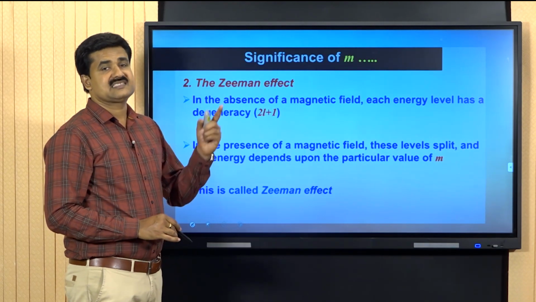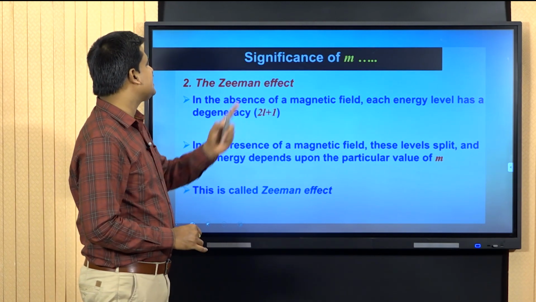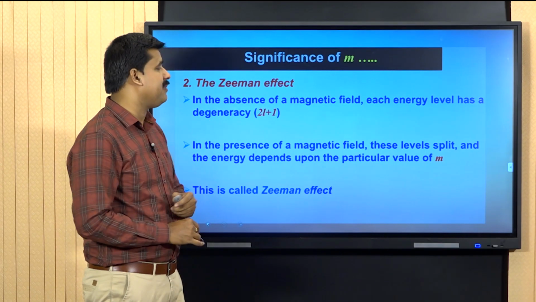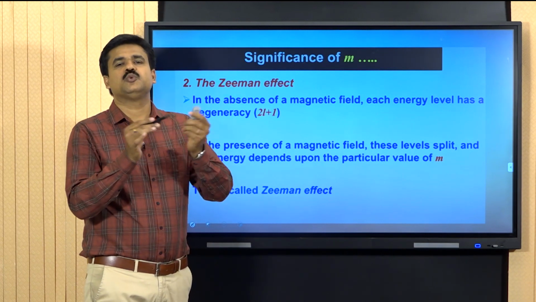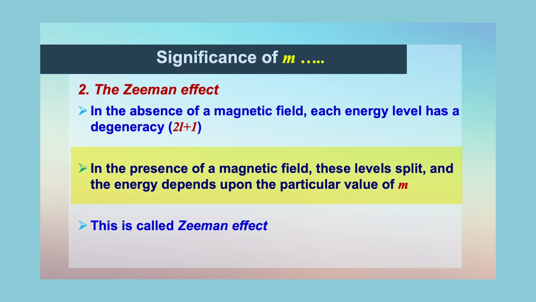Now, the second significance of magnetic quantum number, that is the Zeeman effect. In the absence of a magnetic field, each energy level has a degeneracy that is equal to 2l plus 1. In the presence of a magnetic field, these 2l plus 1 levels split and energy depends on the particular value of m.